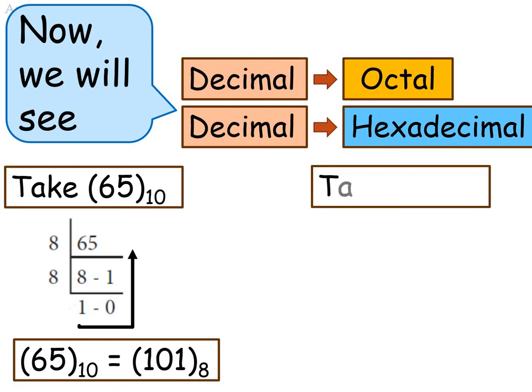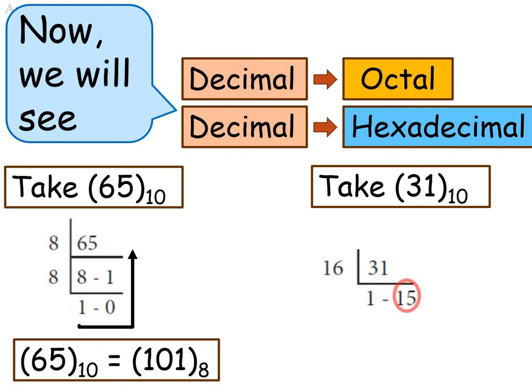Again I have taken a decimal number 31 base 10. Now I am going to divide by 16. 16 1 is 16, remainder is 15.